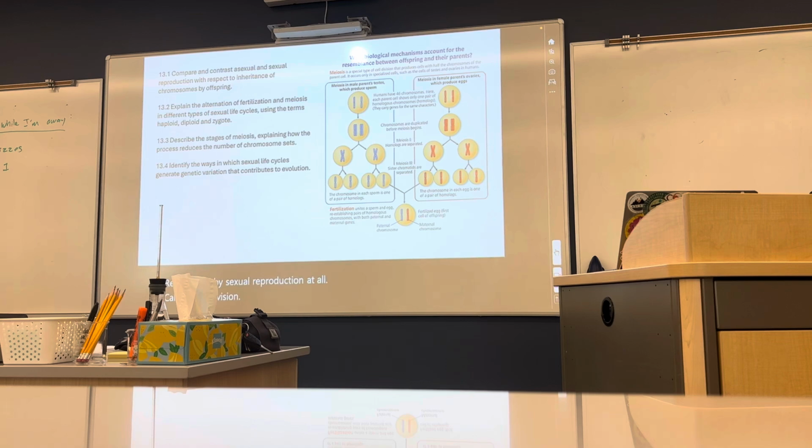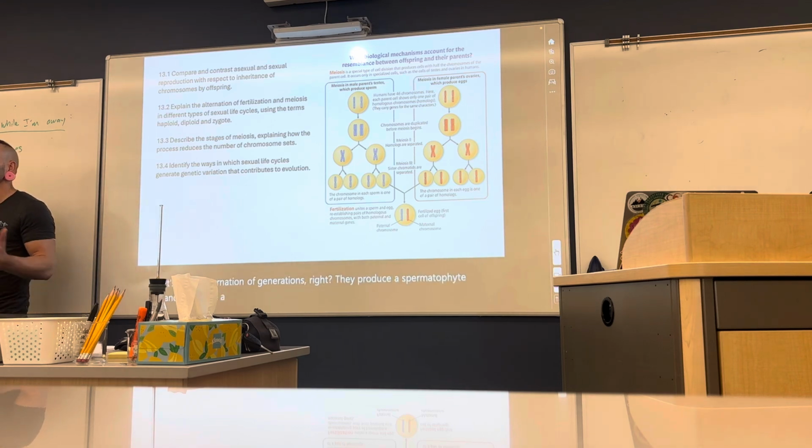Can you name an organism that does a different type of sexual reproduction than most animals? Do plants sexually reproduce? What's different about a plant versus a human? It's called alternation of generations. They produce a spermatophyte and they have a gametophyte, two different organisms.